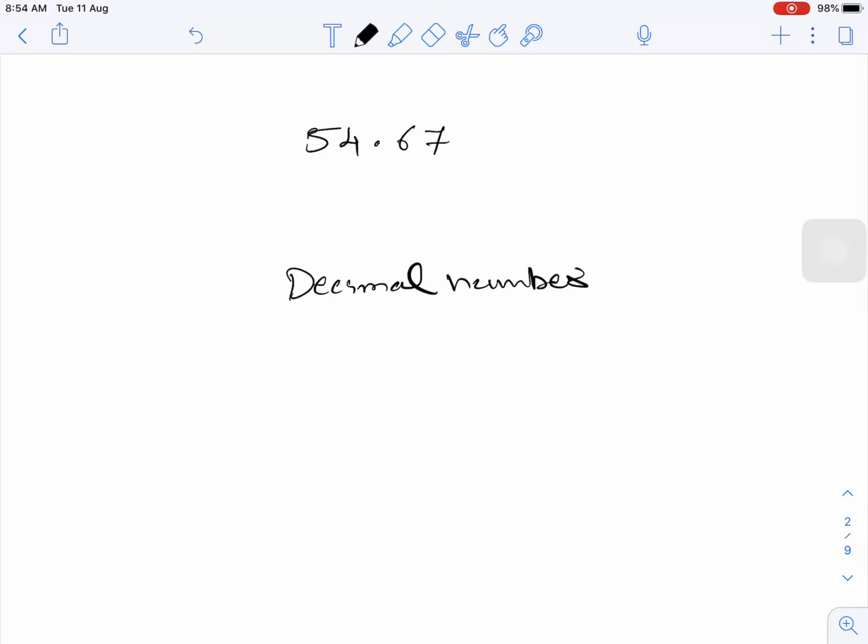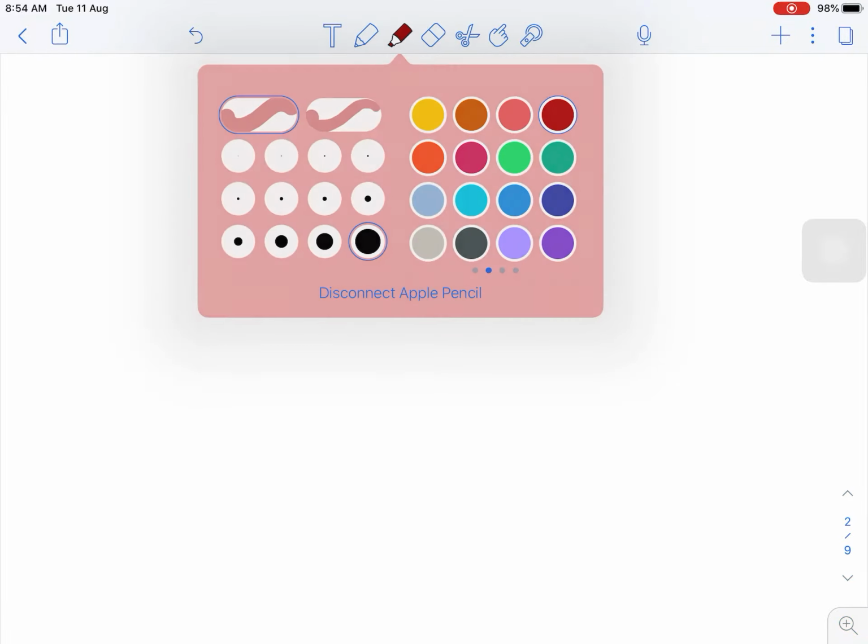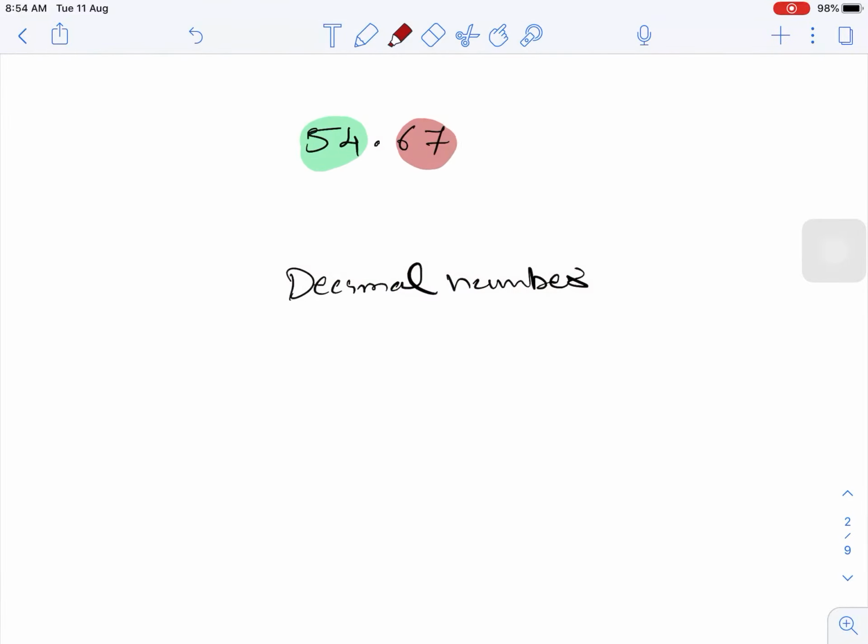Now in this decimal number, the given number is divided into two parts by this decimal point. This point is known as decimal point. Now this decimal point divides this number into two parts. I am just highlighting it, the green part to the left of decimal and the red part to the right of decimal.